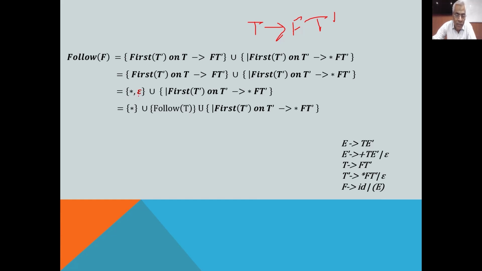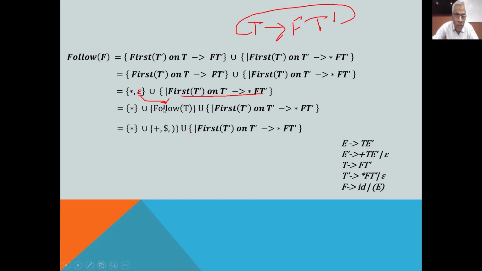Since there is a null, we move to the left of this production. There is no next symbol, so we move to the left of this production and find the follow of this T. So this null becomes follow of T, and union of this production, this rule.